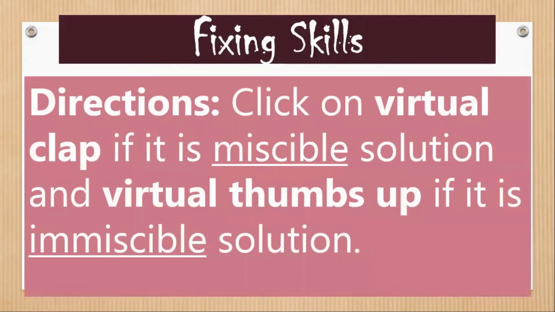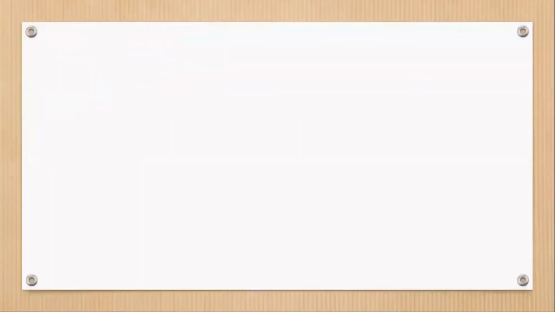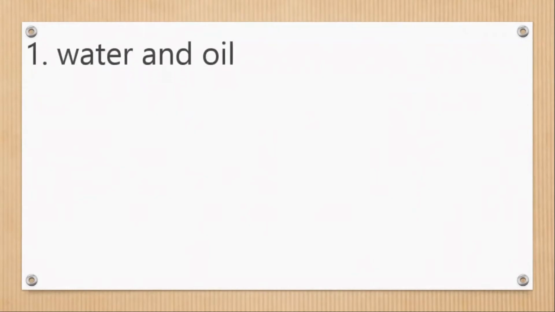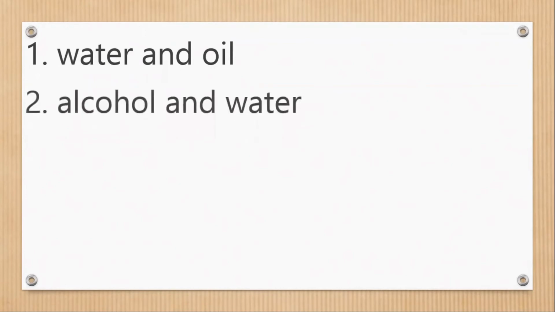So let us see if you can identify whether the substances or solutions are miscible or immiscible. Let's say water and oil. Very good. That is immiscible. What about alcohol and water? That's great. That is miscible.